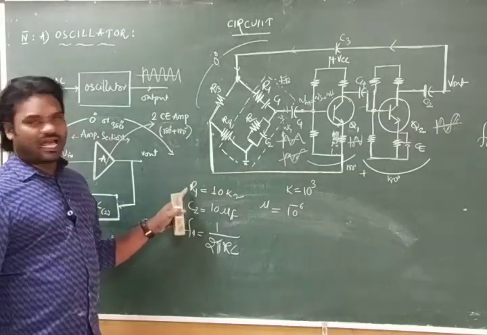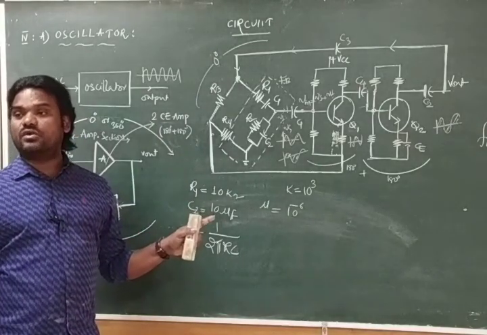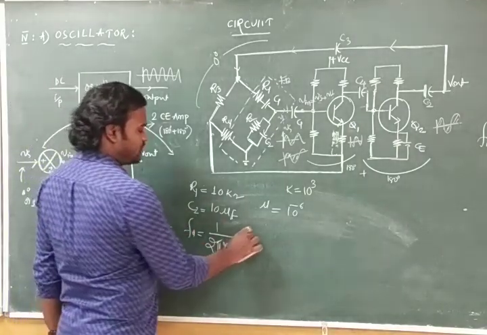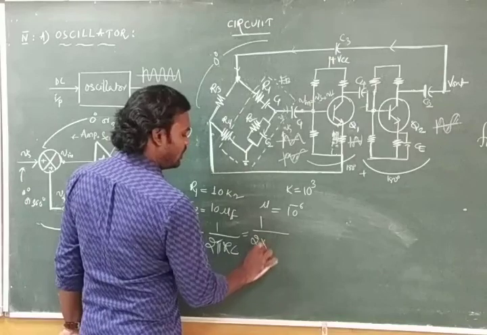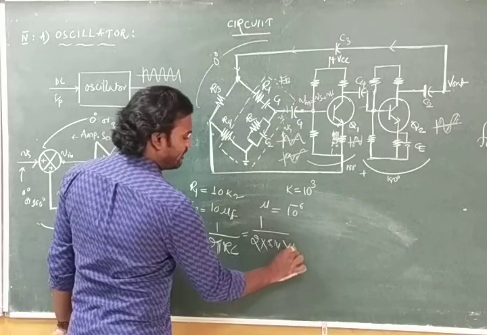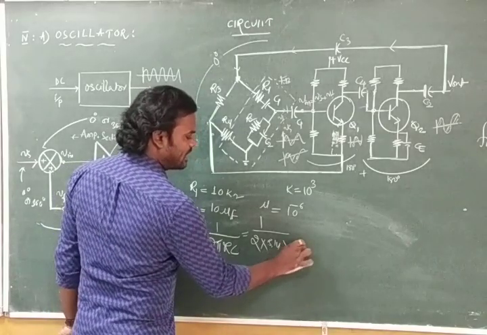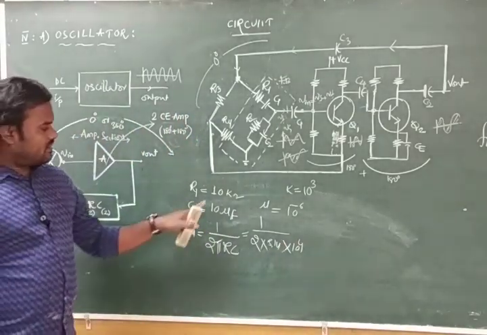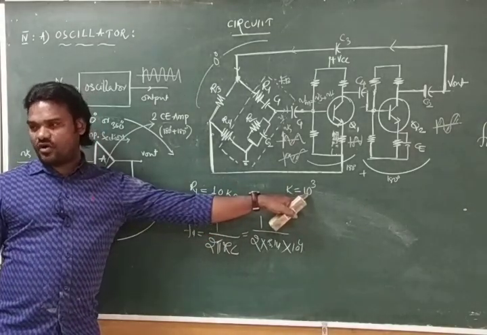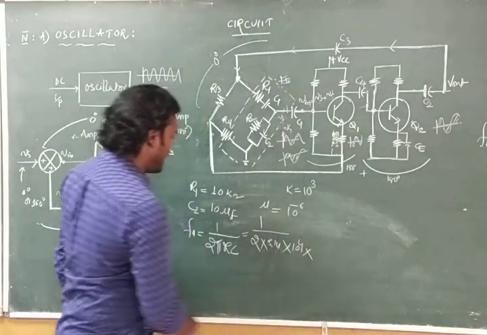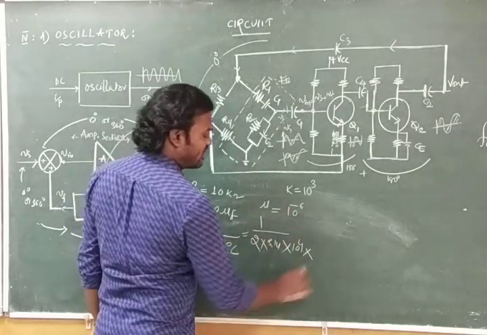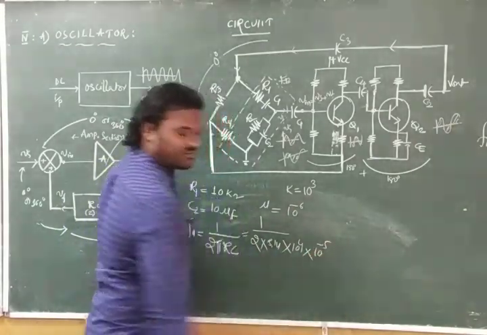We know that R1 is equal to R2 is equal to R3 is equal to R4 is equal to R only. So we can go with the same values: 1 by 2 into 3.14 into 10 into 10 power of 3, which you can write directly as 10 power of 4, into 10 into 10 power of minus 6, that is 10 power of minus 5.